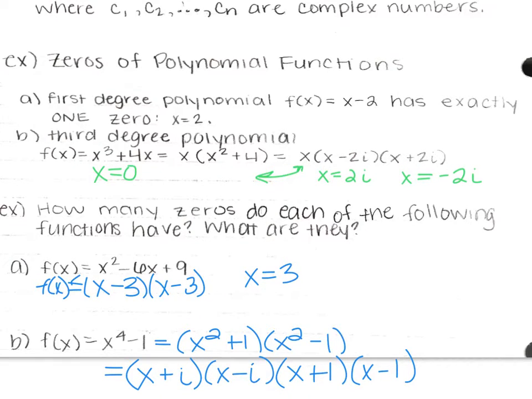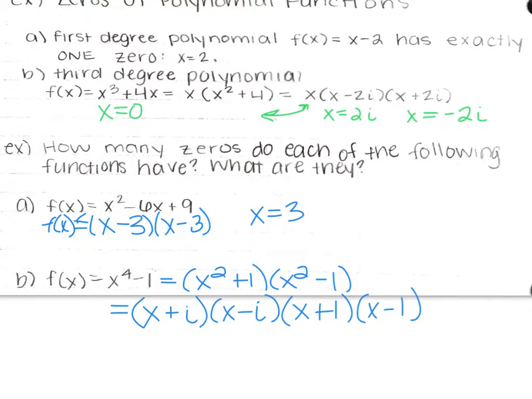So we actually have 4 zeros here, which makes sense because it's a degree 4 polynomial, and our zeros are x equals i, negative i, negative 1, and positive 1. So again, a degree 4 polynomial has 4 zeros.